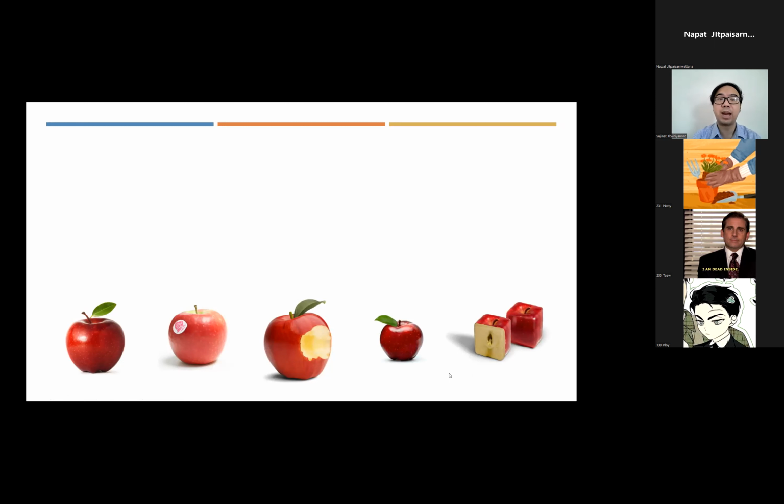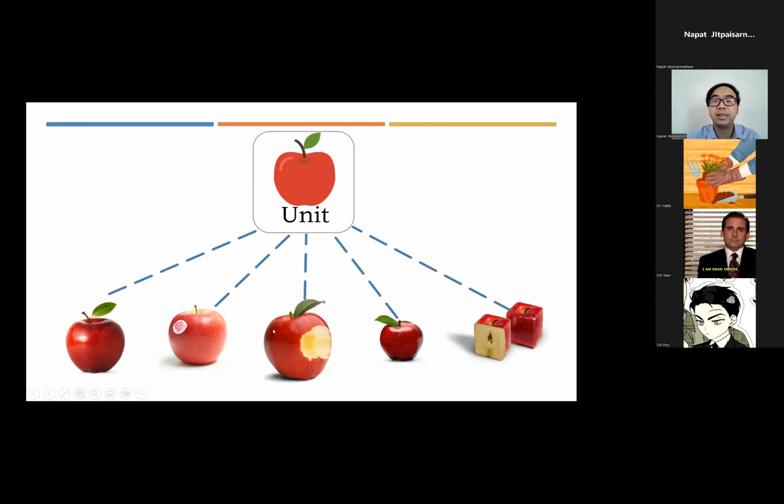You can see that when I ask you to define what an apple is, it is more difficult than if I show you a picture and ask you whether this one is an apple or not. So in your brain, in your cognition, you have some abstract units, some concepts about an apple. And when you see all of these pictures of apples, you can decide without delay that this is an apple.